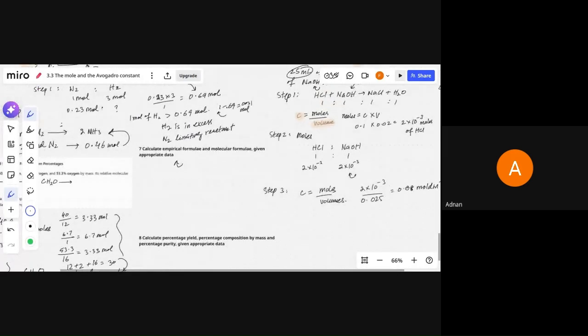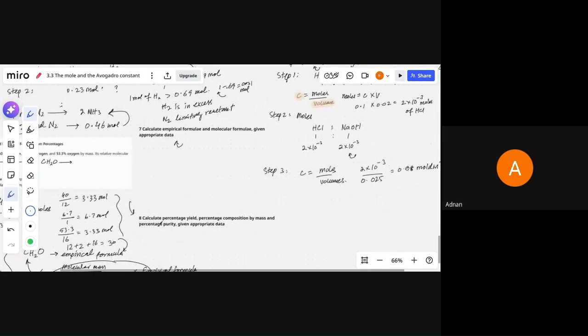I'll explain percentage yield, percentage composition by mass and percentage purity in another one, because lots of things are involved here, and I don't want to miss any topic. And the questions from the past papers will also be solved in the upcoming lesson for 3.3. So yeah, okay, this will be all for today.